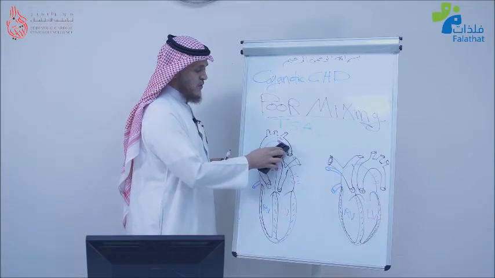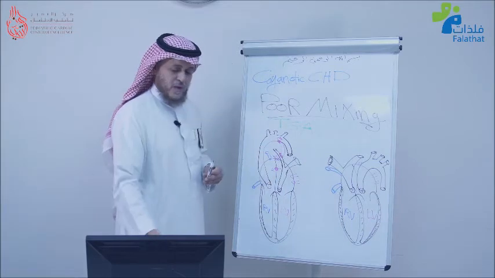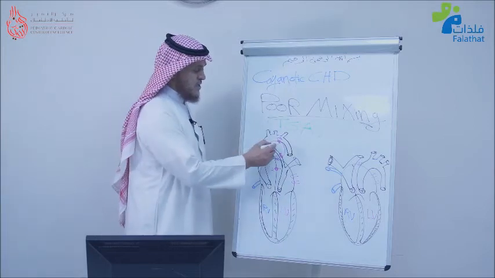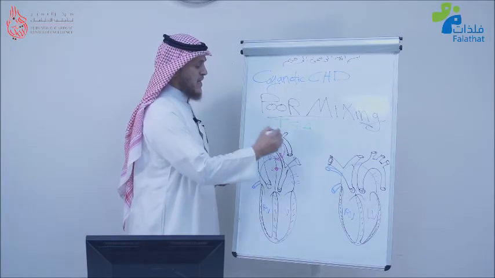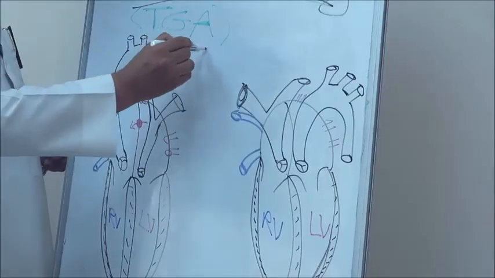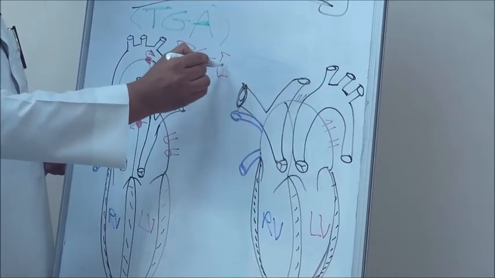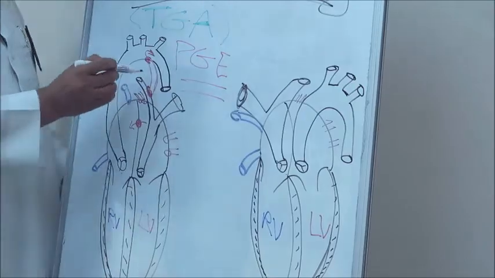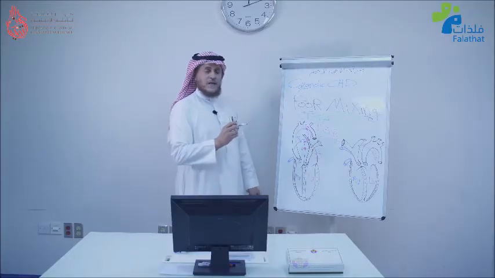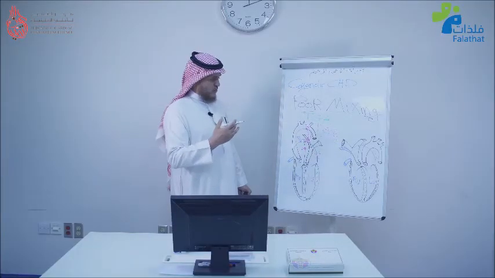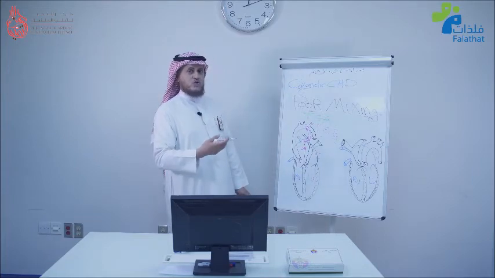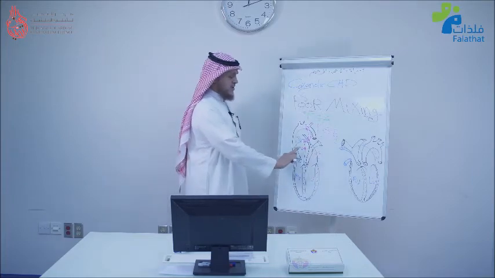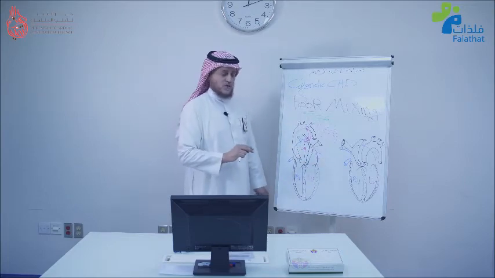And once we diagnose them with transposition of the great arteries, we start them on prostaglandin, PGE, to maintain the patency of the ductus. And usually that's quite enough to provide them with the saturation needed until they get the corrective surgery, which is today an arterial switch operation.